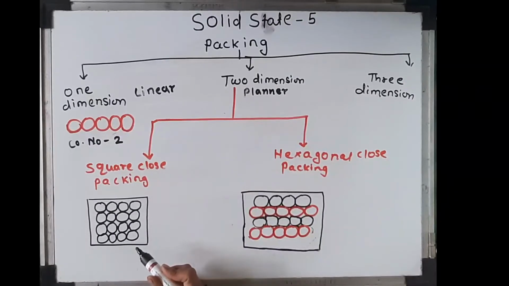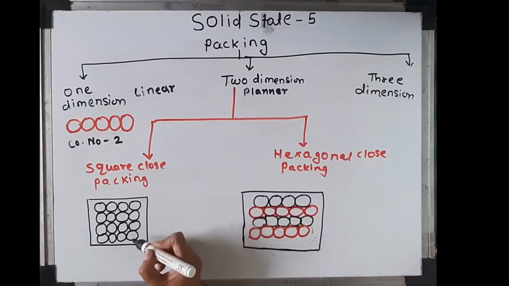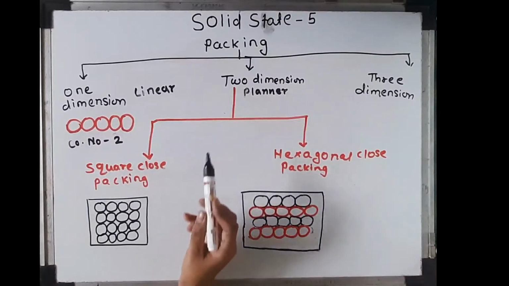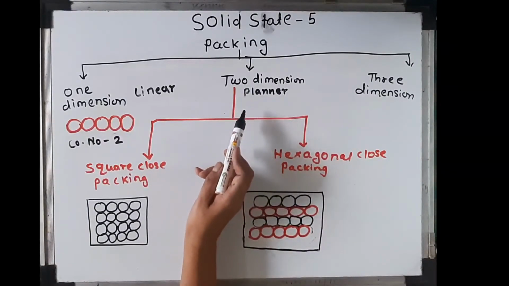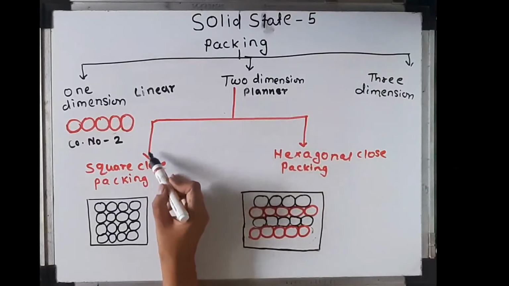Next type is two-dimensional close packing, also known as planar packing. A close packed two-dimensional structure results by stacking the rows together such that they are in contact with each other. This close packing is obtained in two ways.